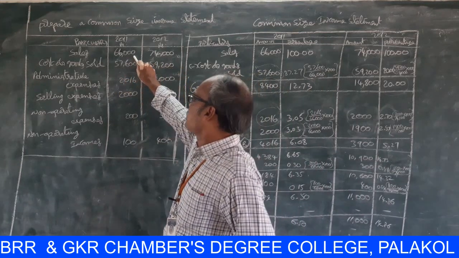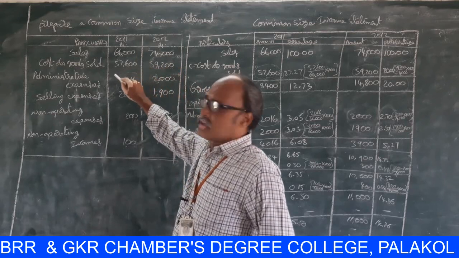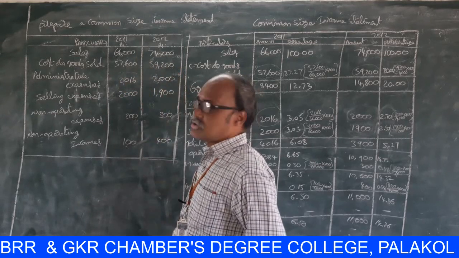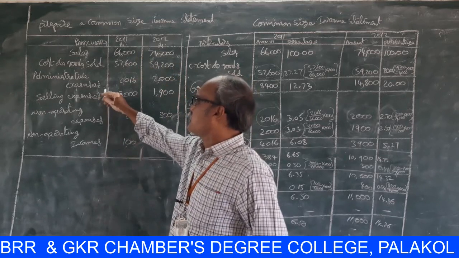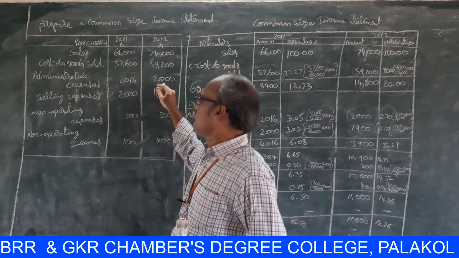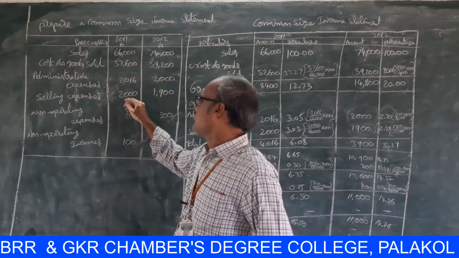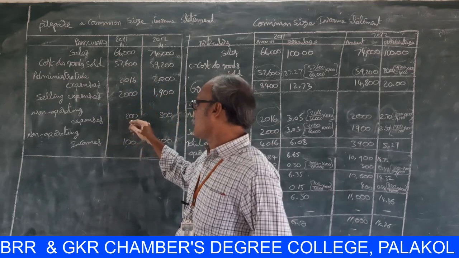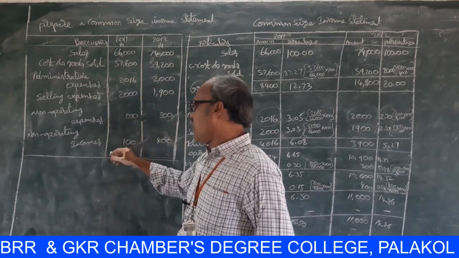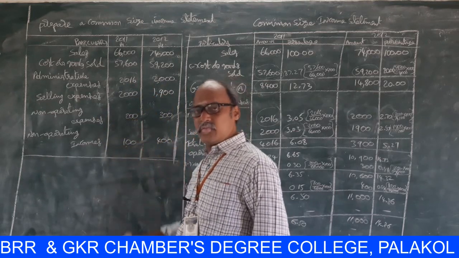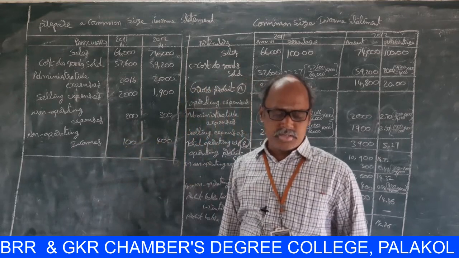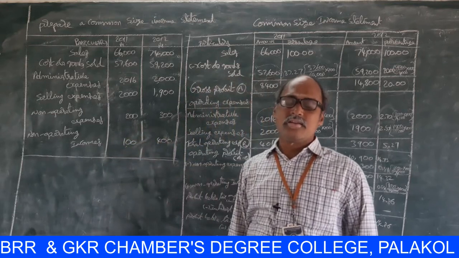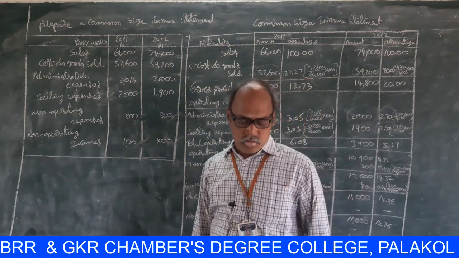Sales 66,000 and 74,000, cost of goods sold 57,600 and 59,200, administrative expenses 2016 and 2000, selling expenses 2000 and 1900, non-operating expenses 200 and 300, non-operating income 100 and 400. This is the best example problem for preparation of the common size income statement.